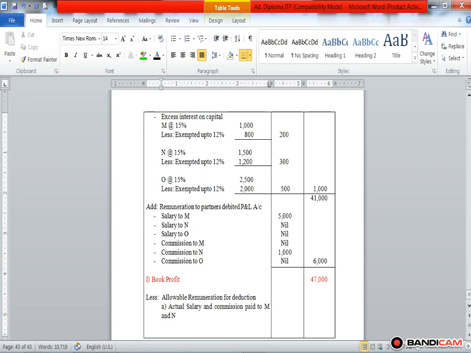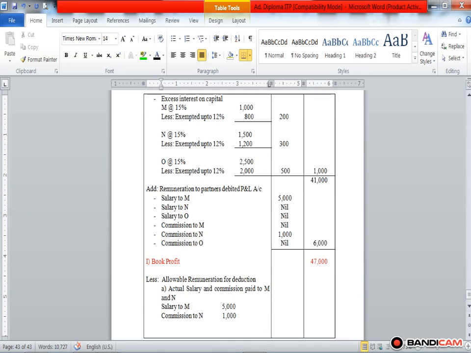So here salary paid to M, that is amounted to rupees 5,000 in the inner column, and commission to N amounted to rupees 1,000.